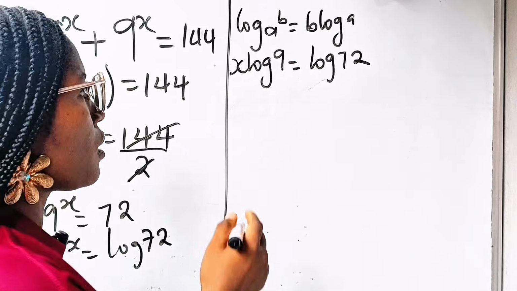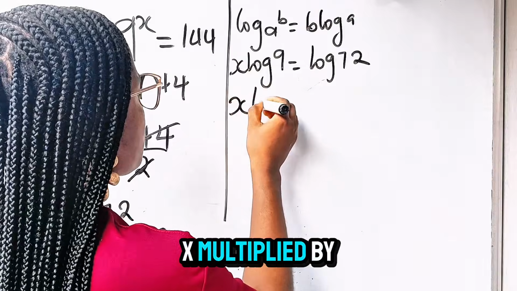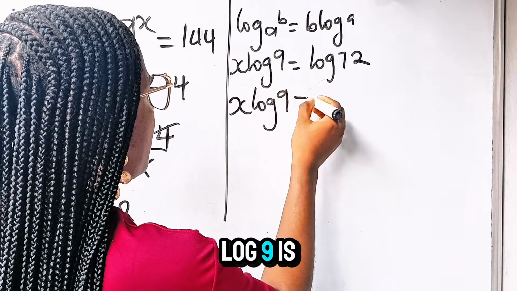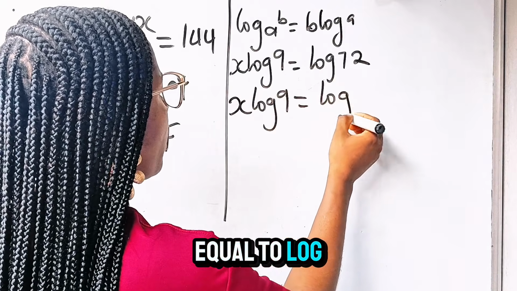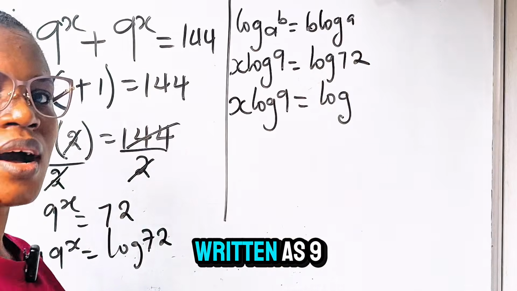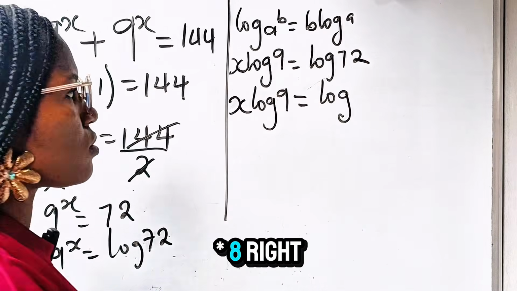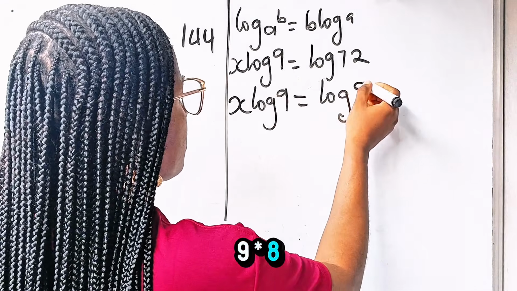All right, now we have x multiplied by log 9 is equal to log 72, which can be written as 9 times 8, right?